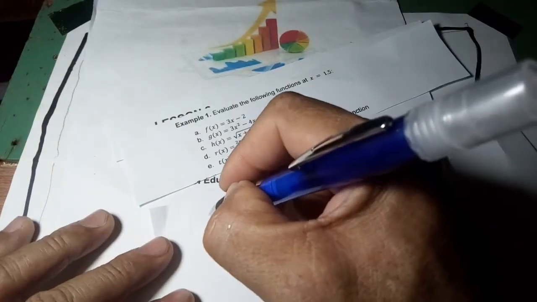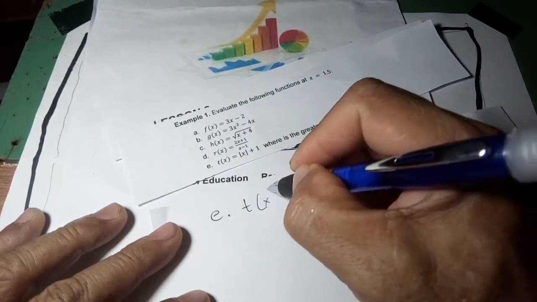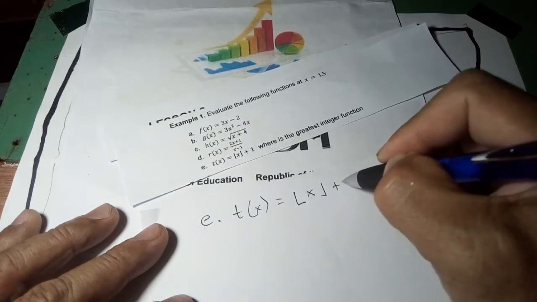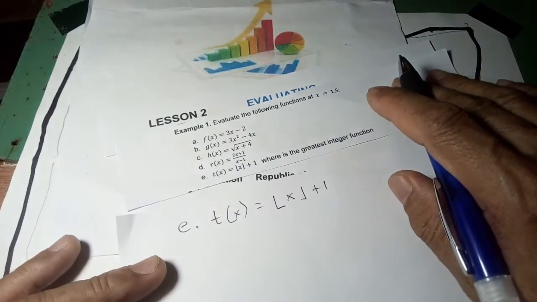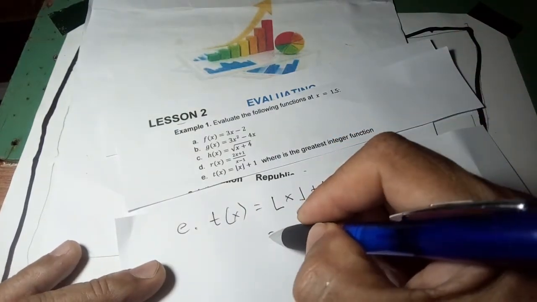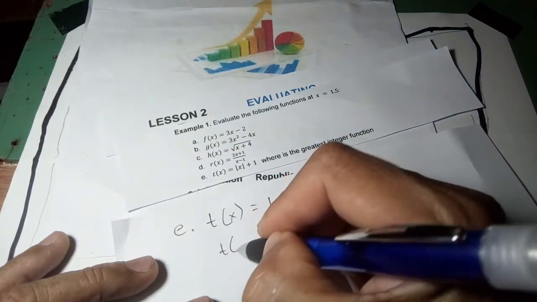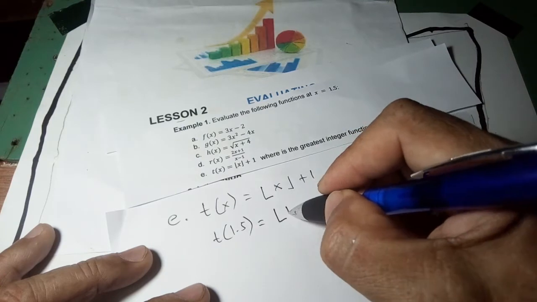Next, letter E. T of x equals the floor function of x plus 1. The floor function is the greatest integer function. We substitute x with 1.5. So x is 1.5.